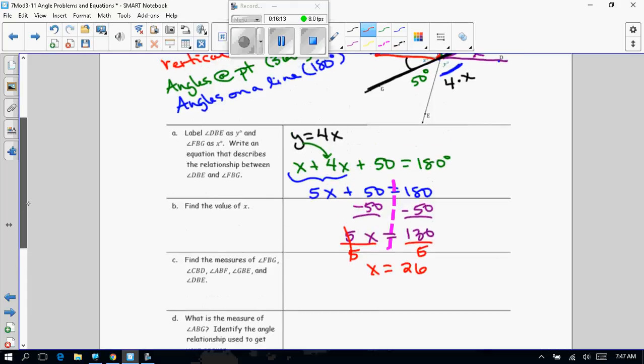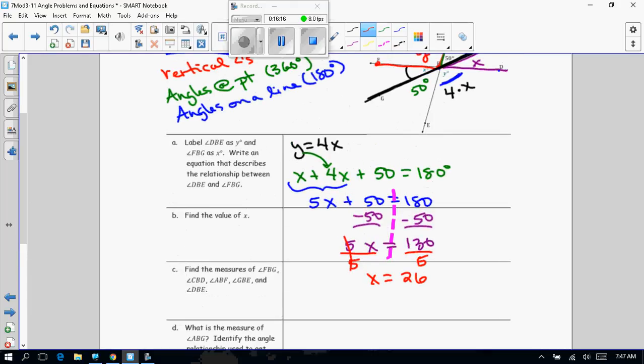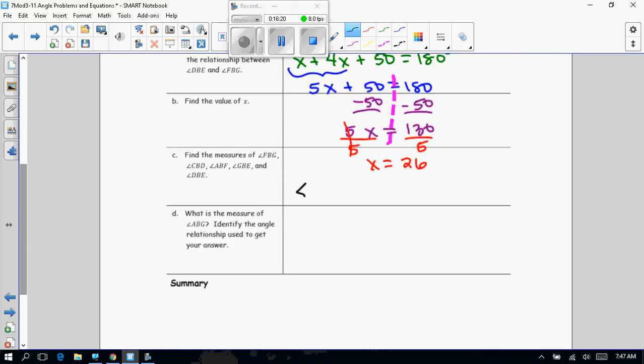I need to know what all the angle measures are. So angle, well, let's just go here. Angle FBG is 26 degrees. And while I'm at it, its vertical angle, its partner, is angle CBD, right? So I know that that one is 26 degrees. I know that angle ABF is going to be 4 times that.